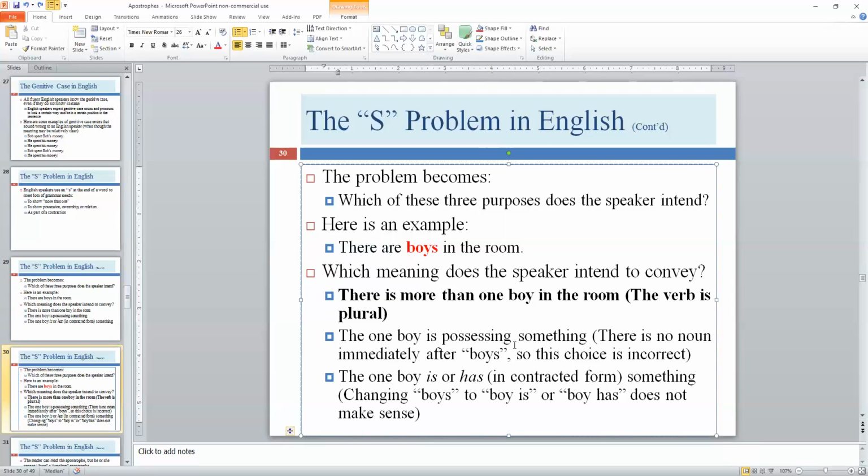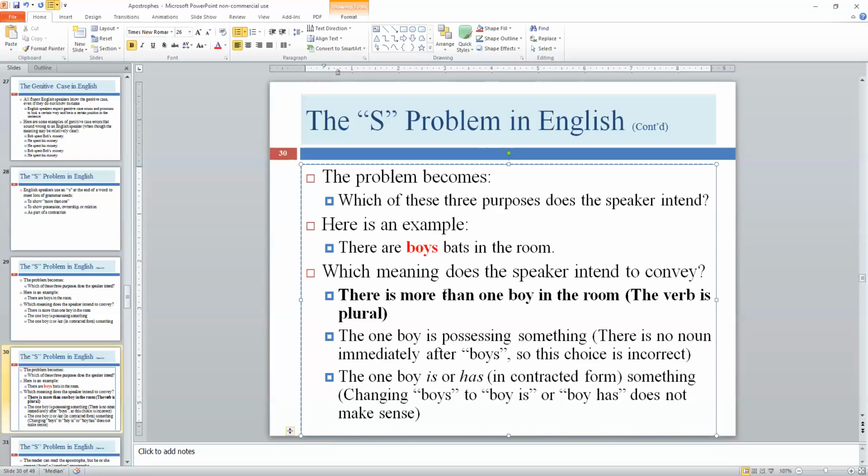We know that it's not possessing something because look, after boys we have the preposition in. So what is boys possessing? Well, boys can't possess a preposition. And so therefore, because there's nothing after boys that boys can possess, it can't be in the possessive form. If we wanted to say there are boys' bats in the room, then yes, this could be boys' bats.